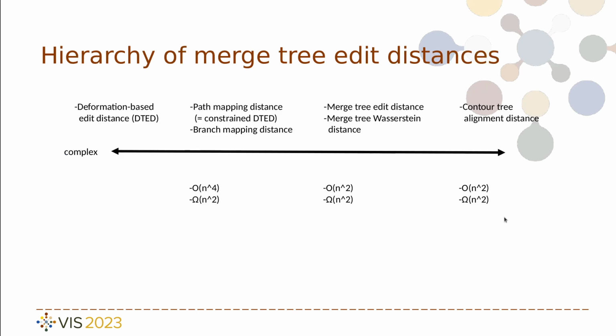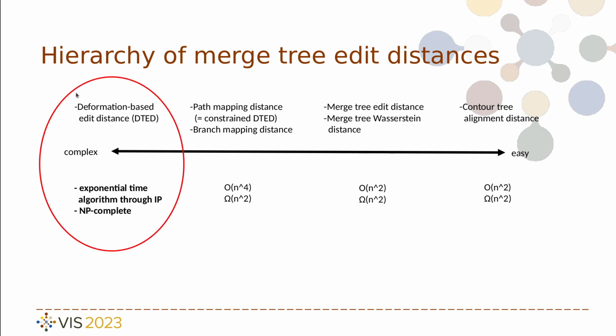Okay, and we can also plot all of the merge tree edit distances according to their computational complexity. There are many different merge tree edit distances, and they are either cheap or very accurate. In our paper, we focused on one end of the spectrum. We focused on the tricky one that supposedly should be the most accurate.